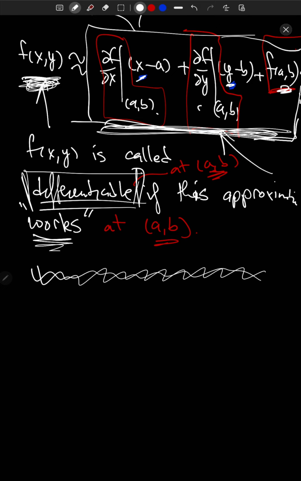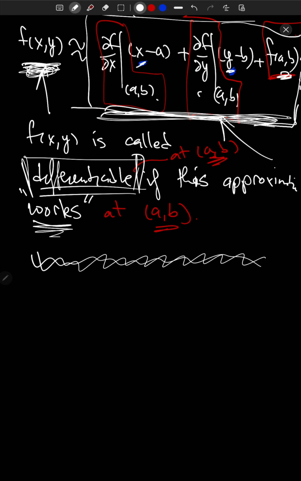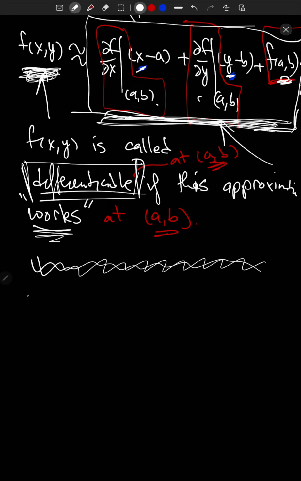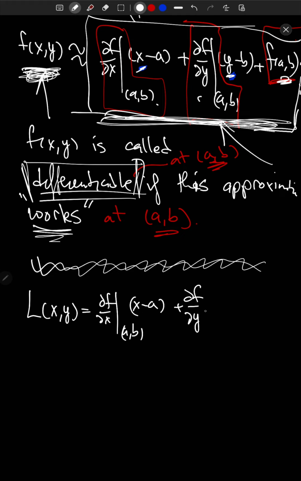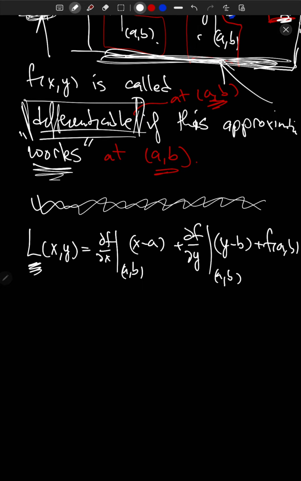Maybe I should write that out like this. If I make up a new function, L of x comma y, equal to that right-hand side, df/dx at (a,b) times (x minus a), plus df/dy at (a,b) times (y minus b), plus f of (a,b). I'm calling it L because L is for linear.